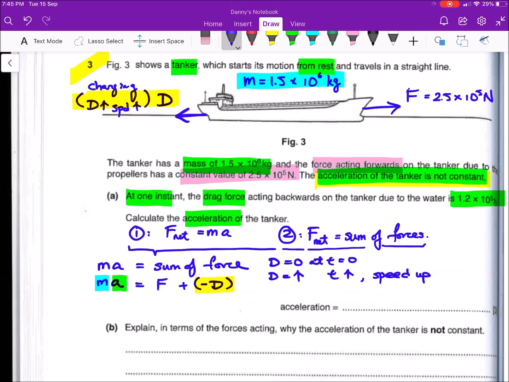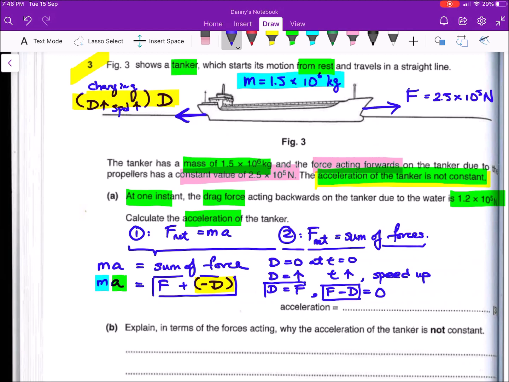As it rises, there will be a time whereby the drag force has risen to such a value that it equals F. Now when D equals F, then your right hand side, F minus D, takes the value of F minus F, which will equate the right hand side to 0. When D equals F, your F minus D will give you 0.